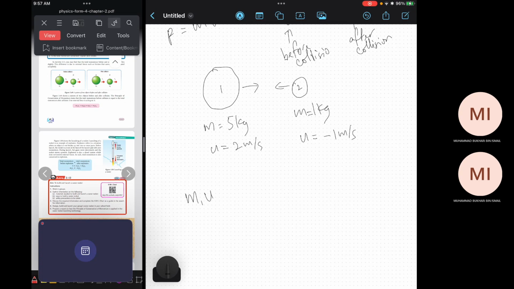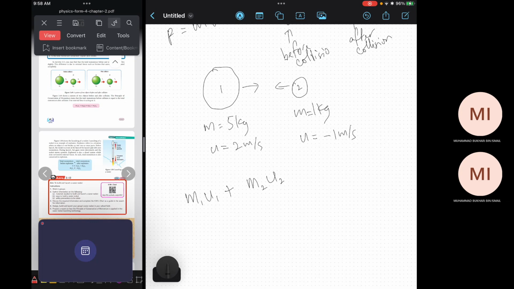Okay, this is U1 because object 1. Okay, what about object 2? Remember, we have to total up the momentum. So we have to add momentum. For momentum 2, we write M2, okay? M2 and U2. U2 stands for velocity, initial velocity for object 2.